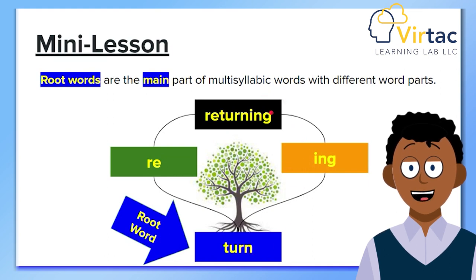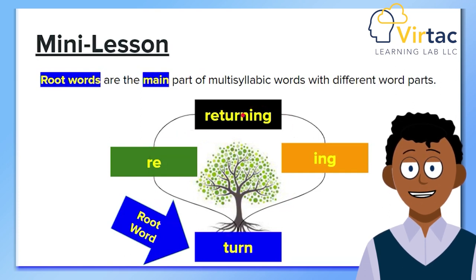You see, the root word by itself has its own meaning. And when we add other word parts like prefixes, like re, or suffixes like ing, it can change the word meaning. And when we put all the words together, returning, we know that our root word is turn, or our base word is turn.